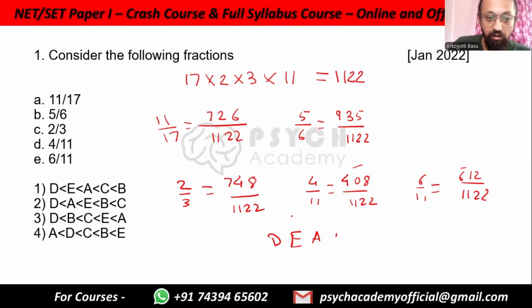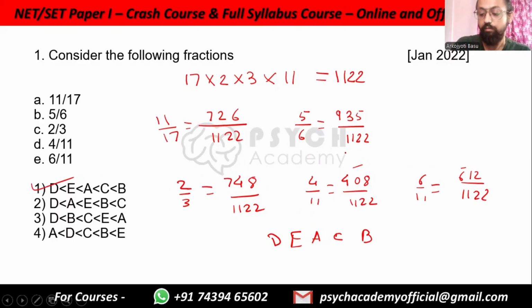Which one is this one? A, B, C. Okay, C, and largest is 935, so B. D, E, A, C, B. See, once we got the denominators same, then we can easily compare the values, that which one is larger, which one is smaller.